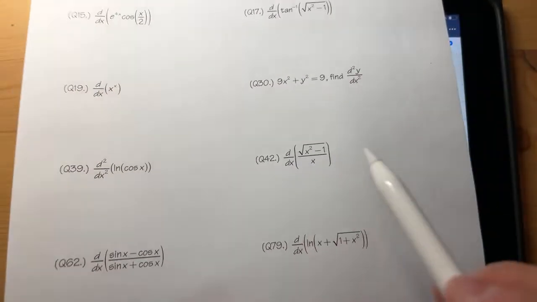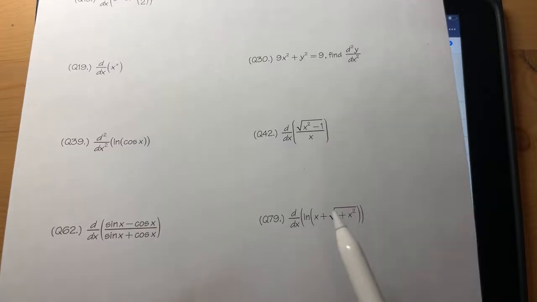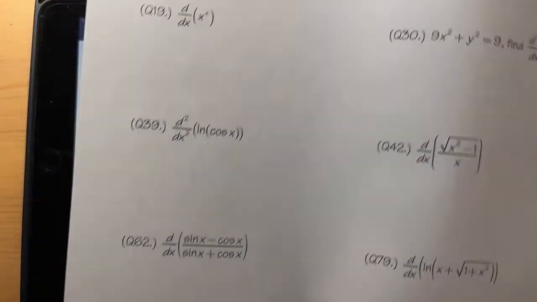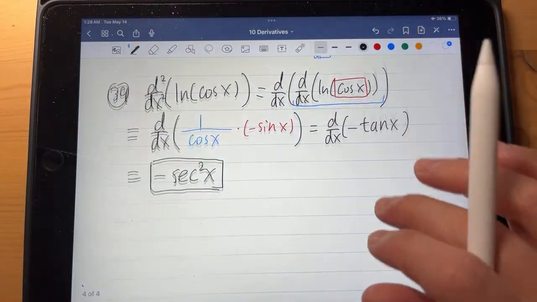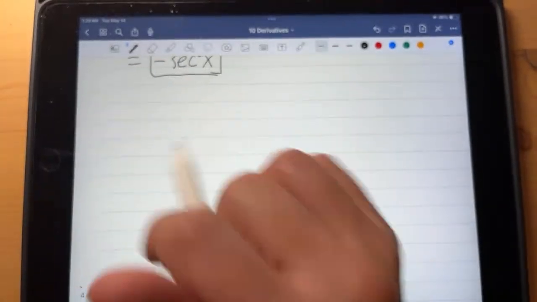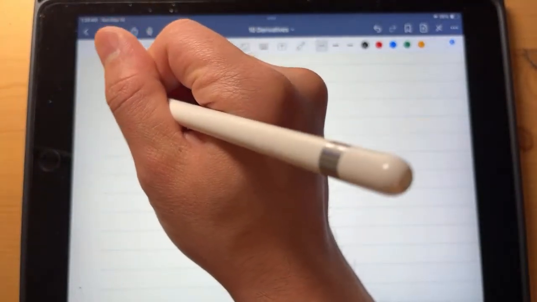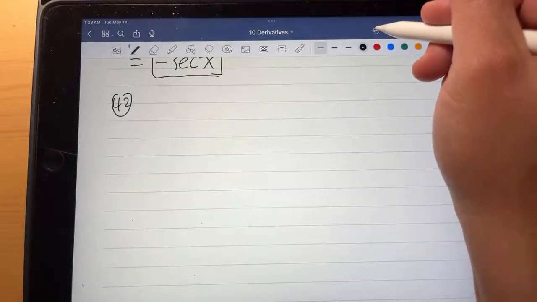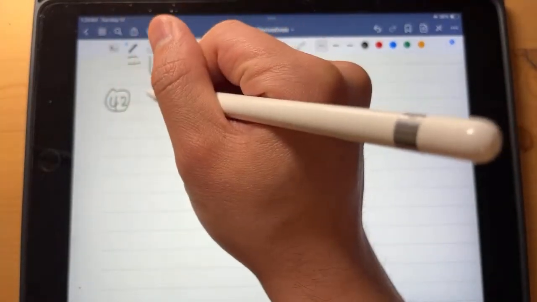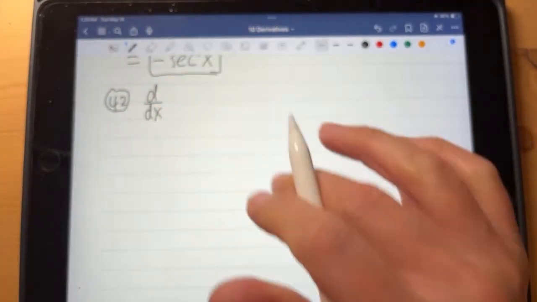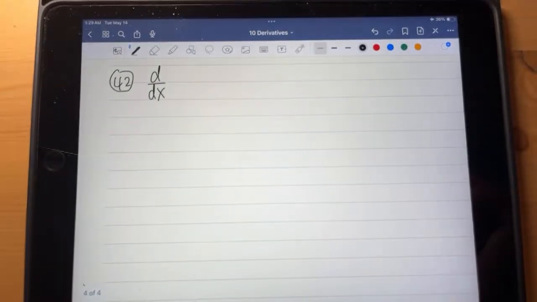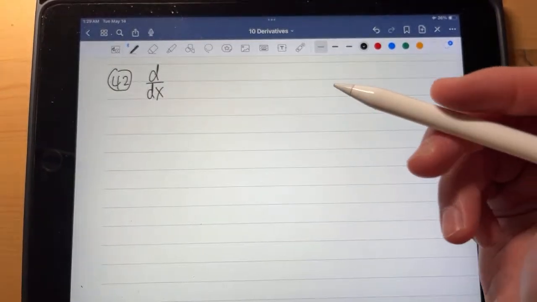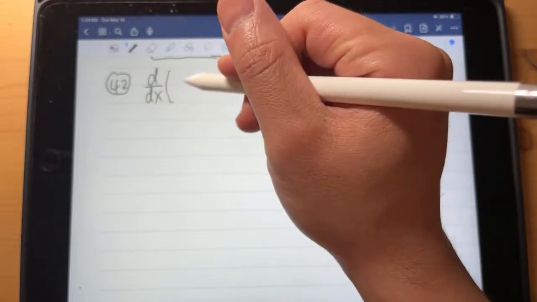Right, next one. Quotient rule, and then one more ln, and then we'll be done. So number 42. dx, and then here we have square root of all that stuff. So let me just write it down real quick.